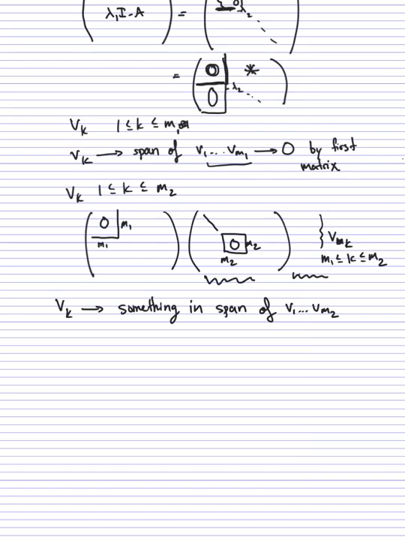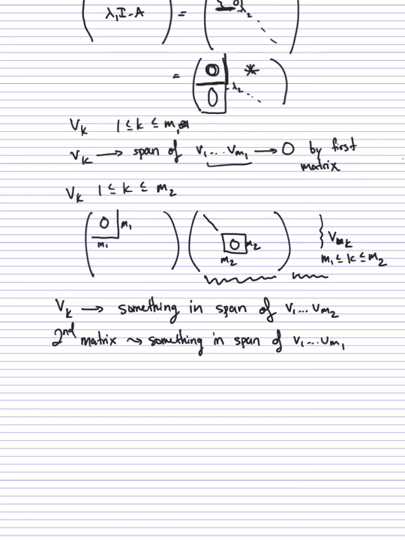Now you apply this matrix. Okay, so this was the m second power, corresponding to the second eigenvalue. And what this will do is that this second matrix, so the matrix on the right, turns it into something in the span of V1 up through Vm1.